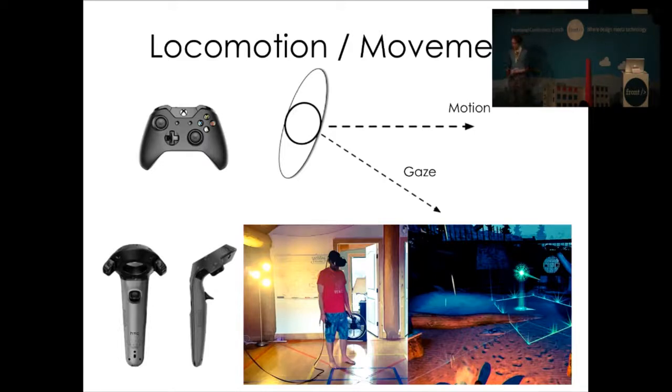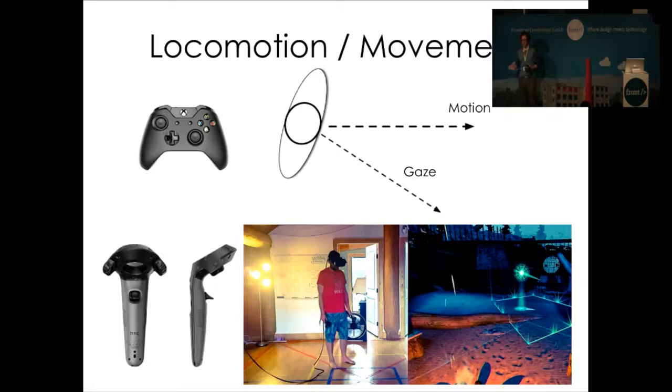As you can see on the lower left of the screen, when the user is looking down, they see a little circle on the floor, and wherever I look, that circle goes there. Then if I want to move to that place, I just hit the button, then I teleport here, I can go around the world very quickly. And this is one way to solve the problem of locomotion on Vive.